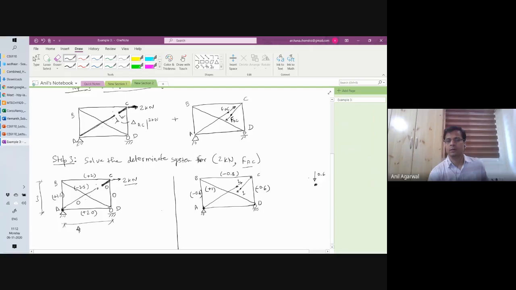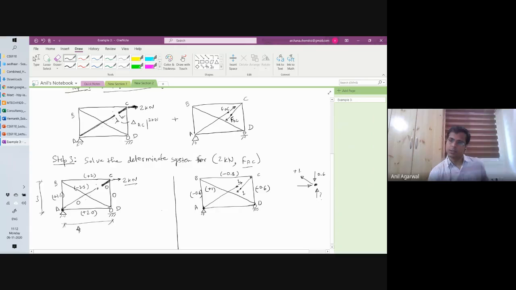That doesn't really matter, because it's going directly to the support. The support will take care of it. Whatever it is, I don't mind. This member is pulling by force 1. That is, member BD is pulling by force 1. And there is a horizontal force also that has to balance this, right?